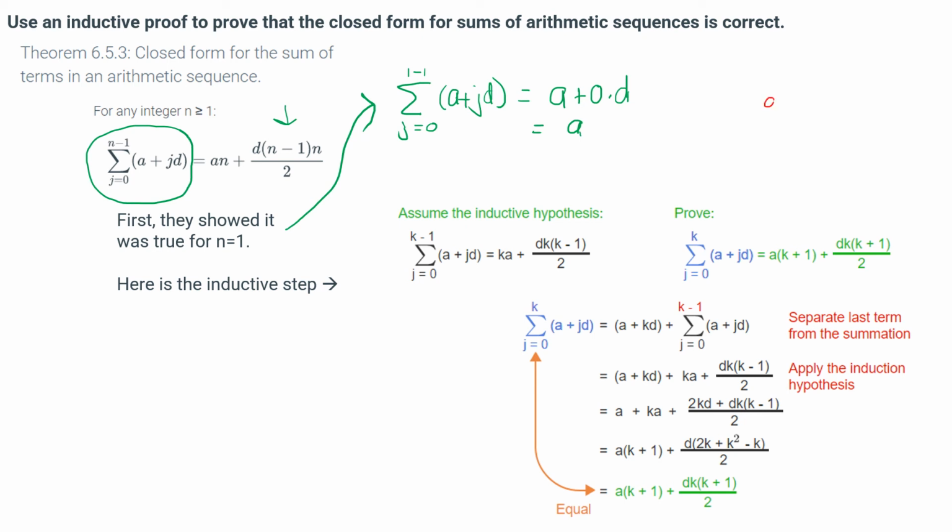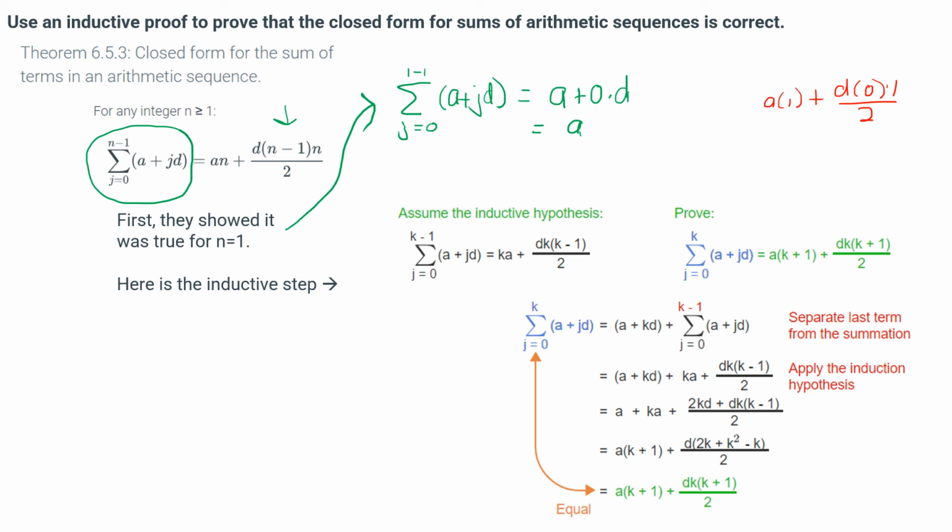It's going to be a times 1 plus d times n minus 1, so that would be 0, times n, which is 1, over 2. So that's where we need to get.